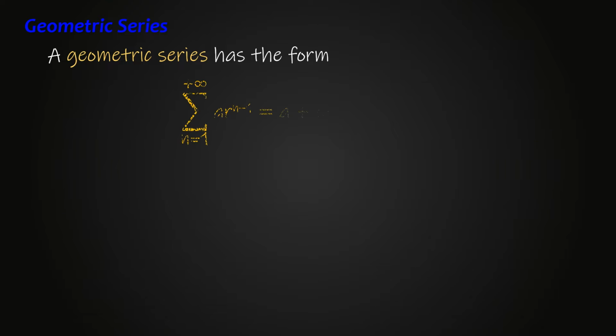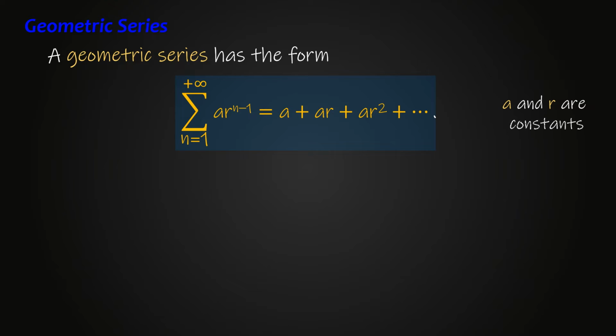Geometric series. A geometric series has the form: the summation of a constant times another constant raised to n-1, from n equals 1 to positive infinity. a and r are constants, where a is not 0.